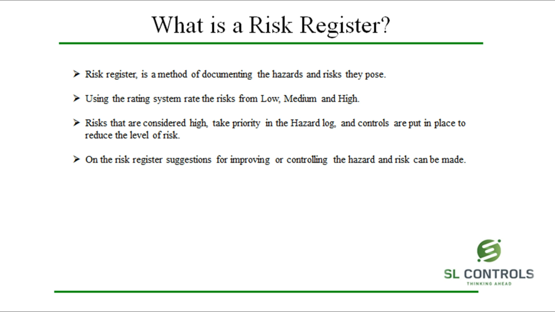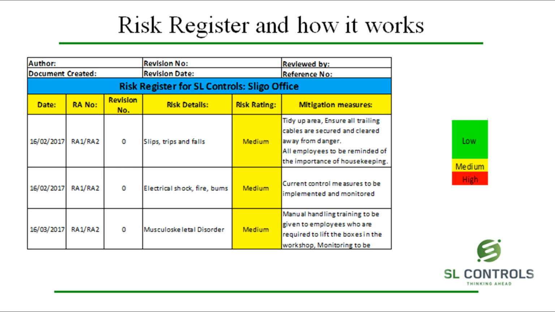If the score is medium or high, controls must be put in place. High risks will take priority and must be controlled as soon as possible. On this register, you can document the controls to be put in place or improvements that can be made to existing systems. Let's take a look at what you must complete in this database.